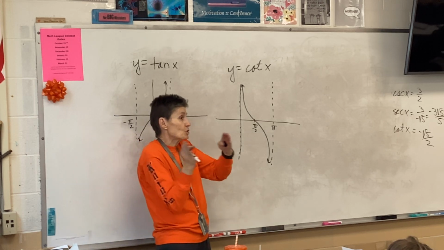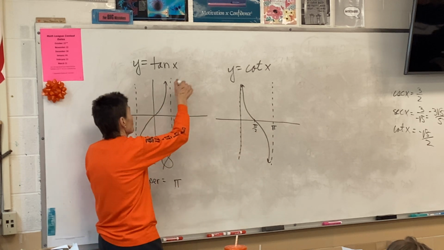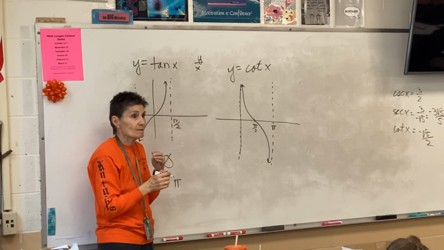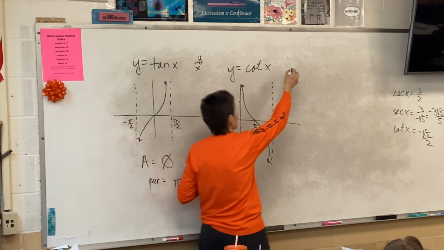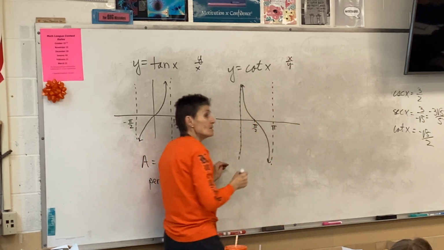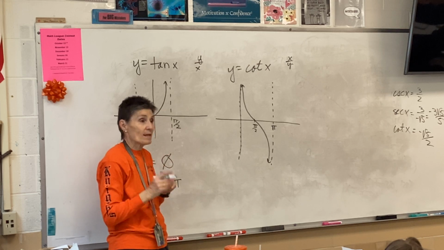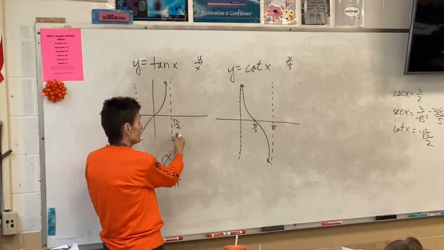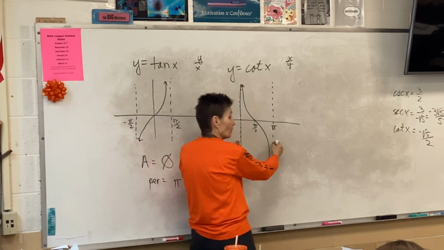It's been shifted because tangent, remember, is y over x. So it has asymptotes when x is 0. Cotangent is x over y, so it has asymptotes when y is 0. That happens in different places. So, negative pi over 2 to pi over 2? 0 to pi.